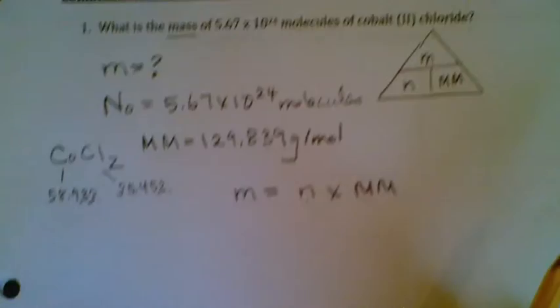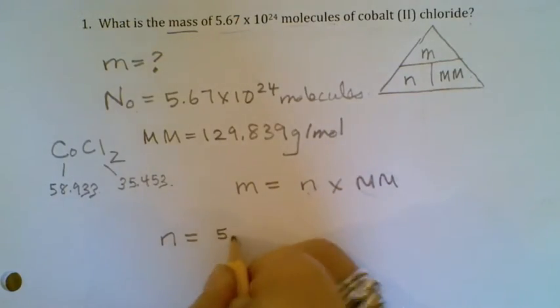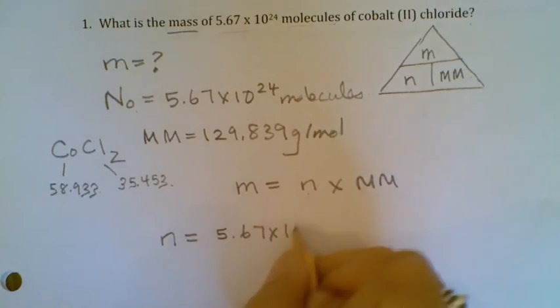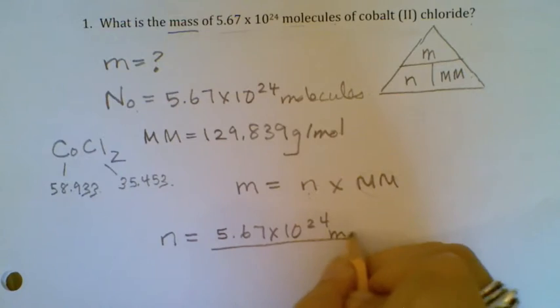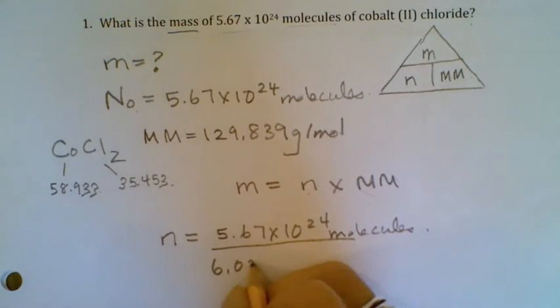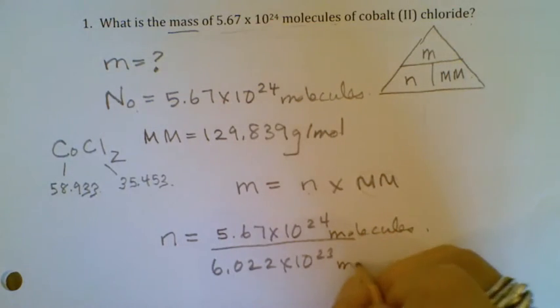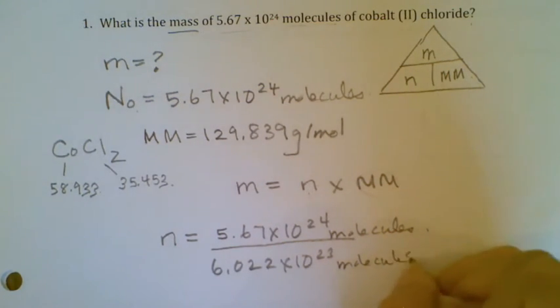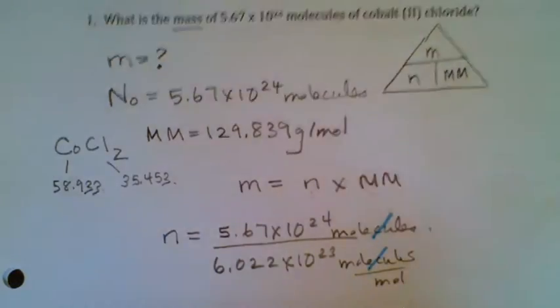So I'm going to take my number of molecules, enter it into my calculator, and divide by Avogadro's number. This is molecules per mole, so my number of molecules are going to cancel out.